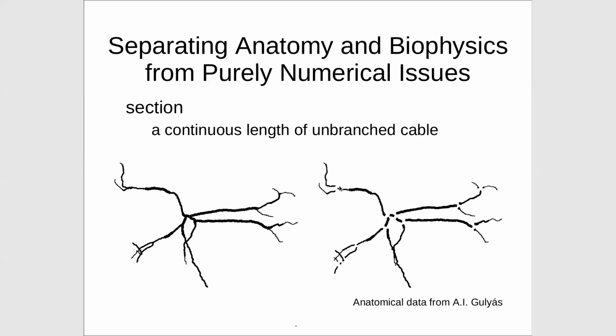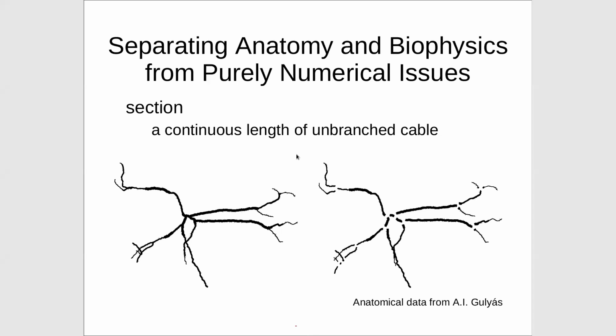And it is connected to a parent, and it's got child things that attach to it. And so each of these things is what we would call a section in NEURON, okay? All right? And so a section is NEURON's way of representing a continuous length of unbranched cable.